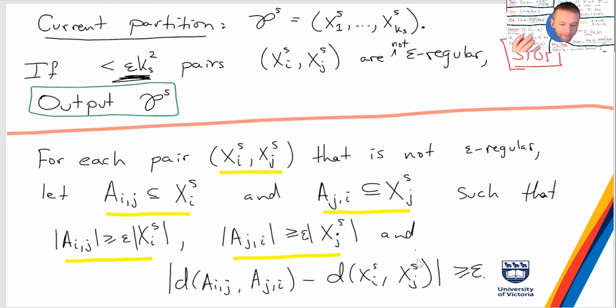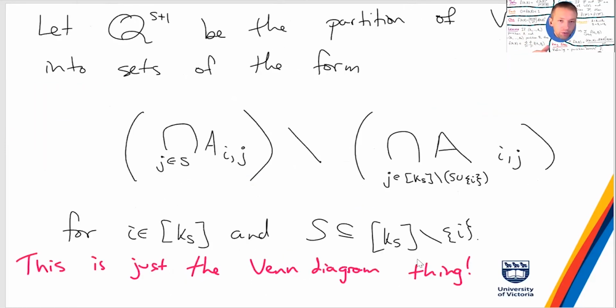And we just do this Venn diagram thing where for every part of the partition of V(G), we break it up into segments corresponding to the Venn diagram generated by looking at all these certificates. Formally, this ends up being sets of the form where X_i gets broken up into things where you have a subset of the indices that doesn't include i, and you have A_ij.